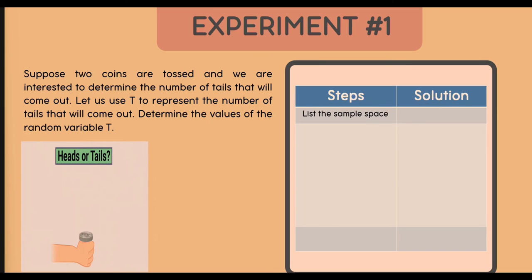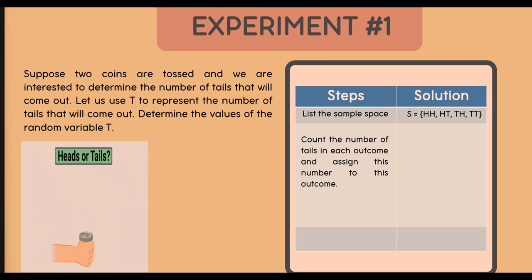So the sample space of tossing two coins is HH, HT, TH, and TT, which can be determined using a tree diagram. The second step is to count the number of tails in each outcome and assign this number to the outcome.